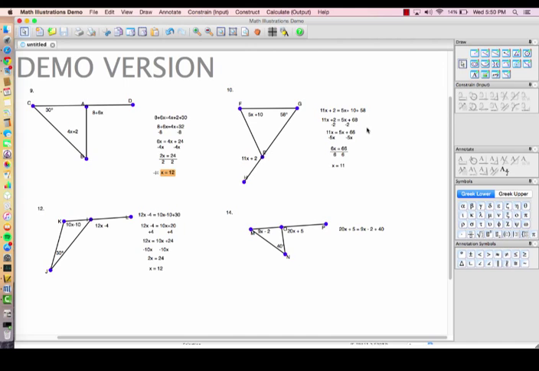So you could pause it and take a look at 9 and 12. They're basically done the same way. I have a system that I use that helps me. Let's look at 10. I always combine any like terms first. So here, 10 plus 58 is 68.